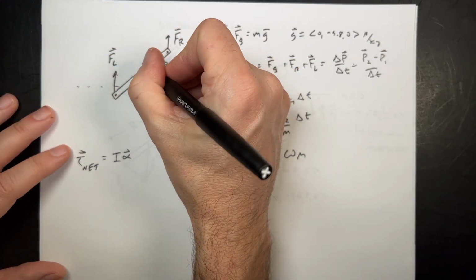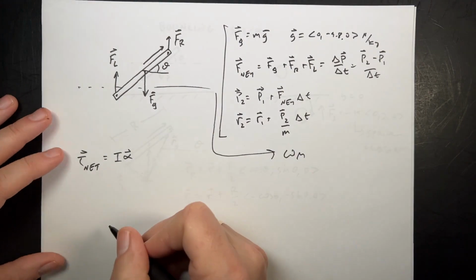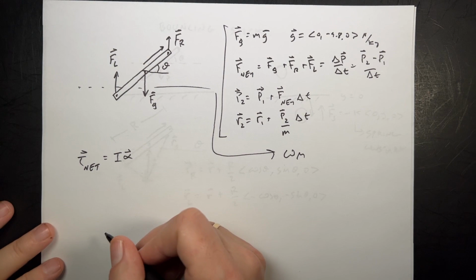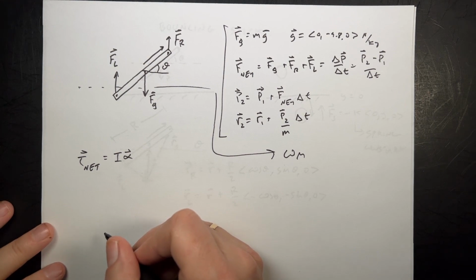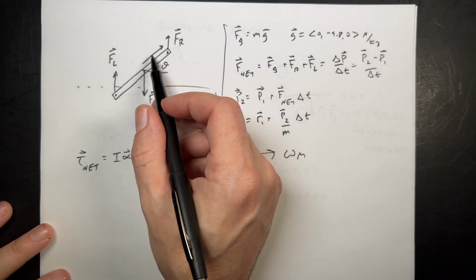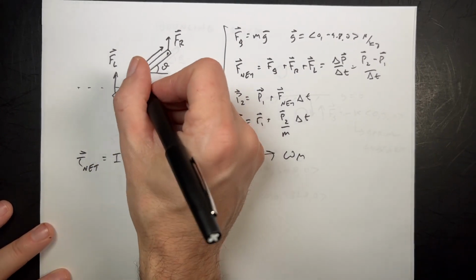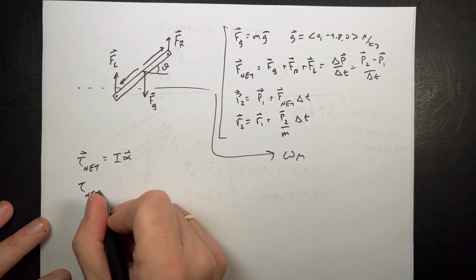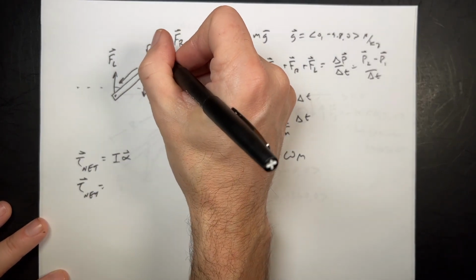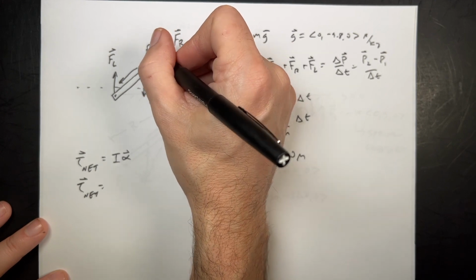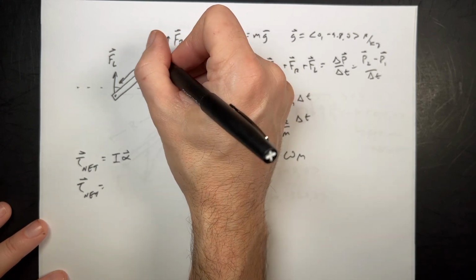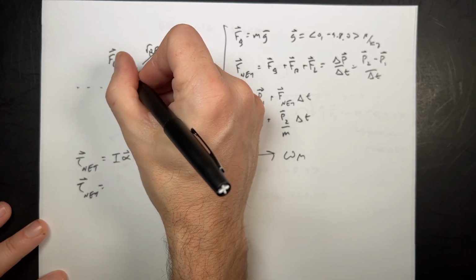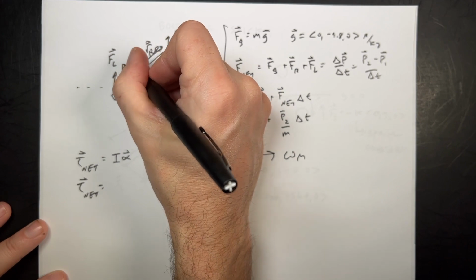So if I have this vector, I just realized I made a mistake. That's fine, I'll fix it. Okay, if I have that vector, and this vector, I can say torque net is, I'll call this R, I need another name for it, R, and this will be, that's a vector, R_L, R_R.